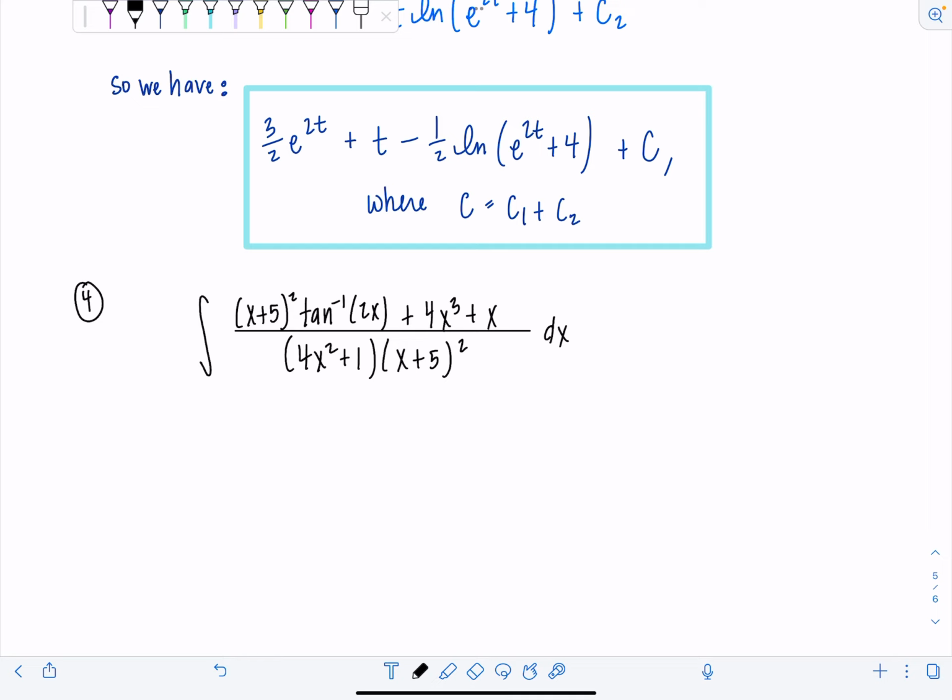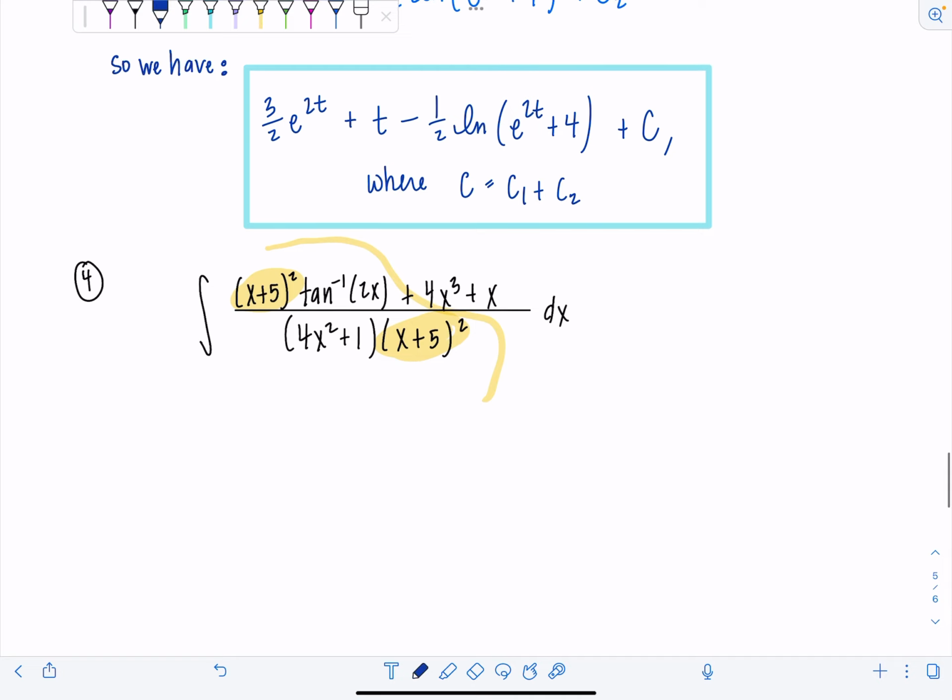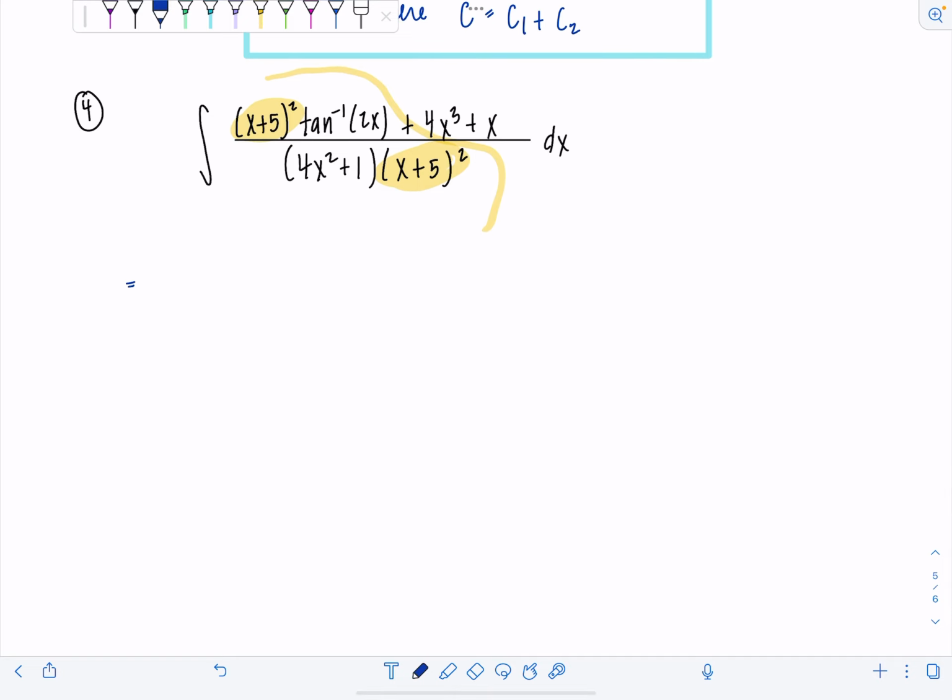How do you want to group things this time? You see how this has an x plus 5 squared in it, as does this denominator? Let's split it right here. Here we go, two integrals. The first one is x plus 5 squared, tan inverse of 2x over 4x squared plus 1 times x plus 5 squared, dx.